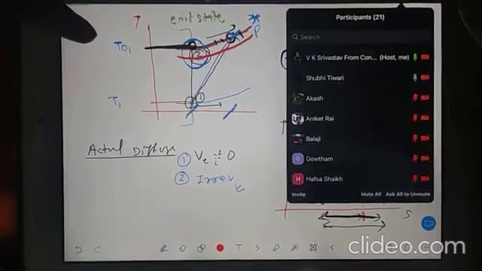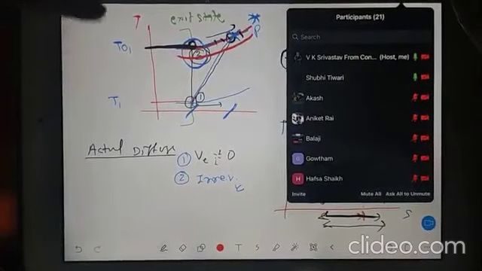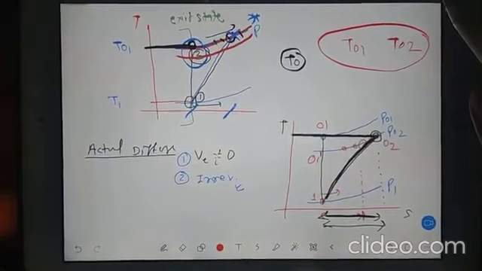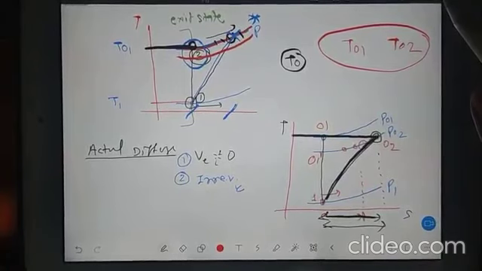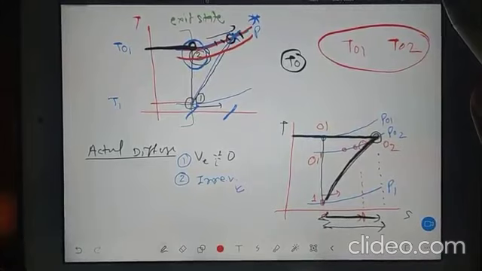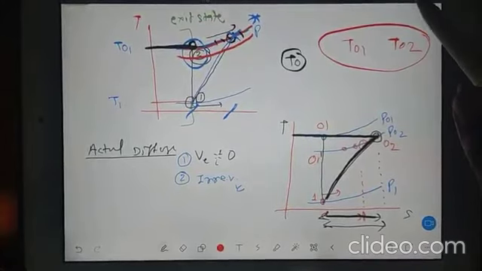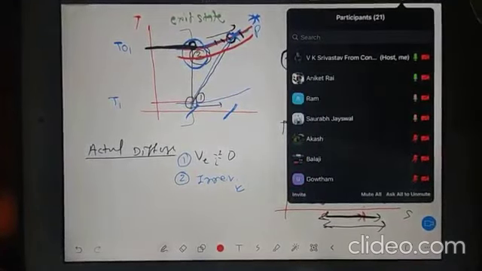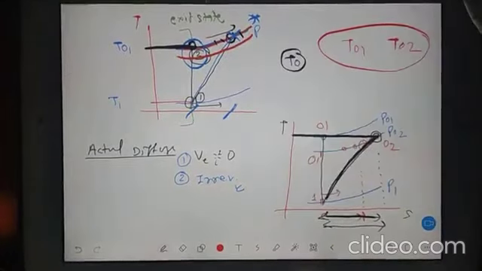They will be equal. Why? So what affects total temperature? Anyone? What affects total temperature? Heat addition, heat reduction. Very good. Heat transfer.